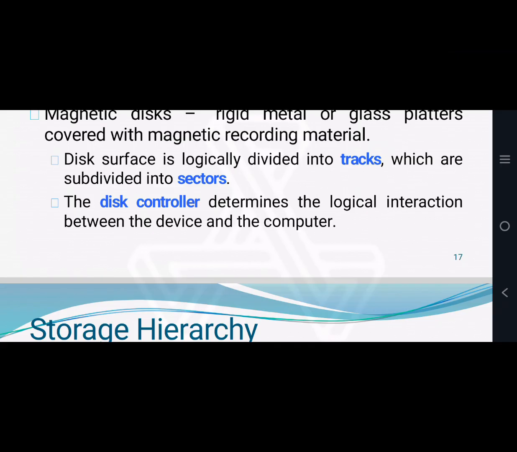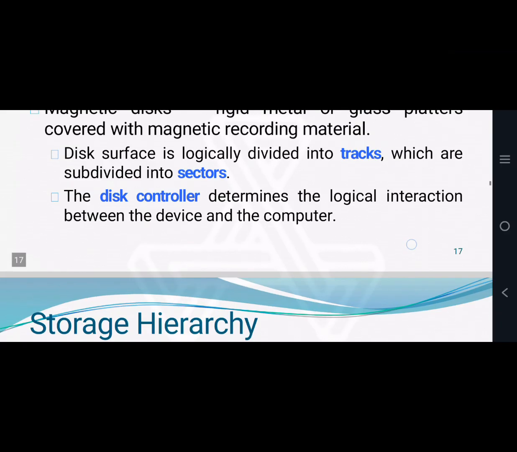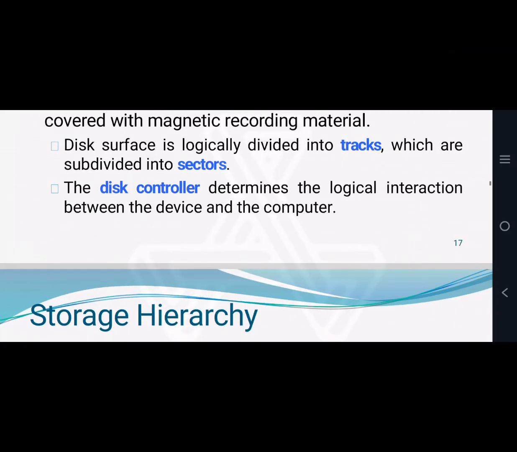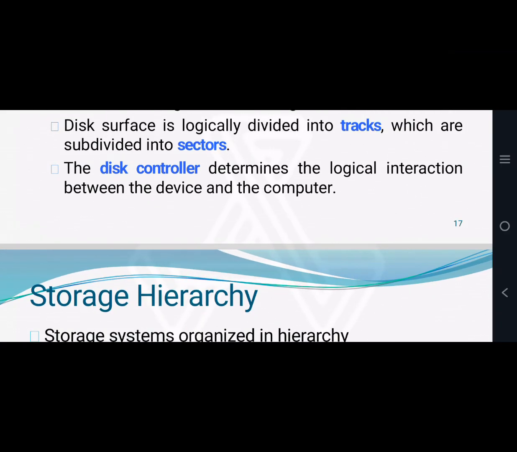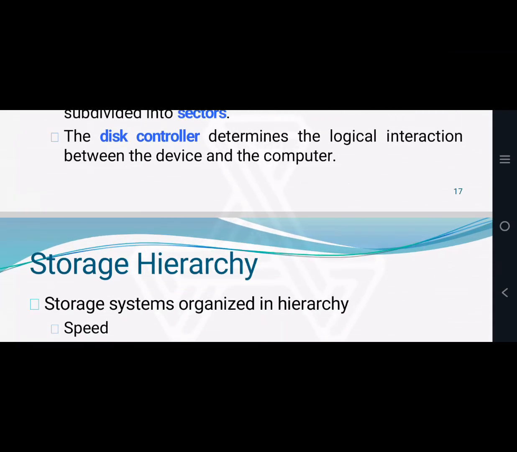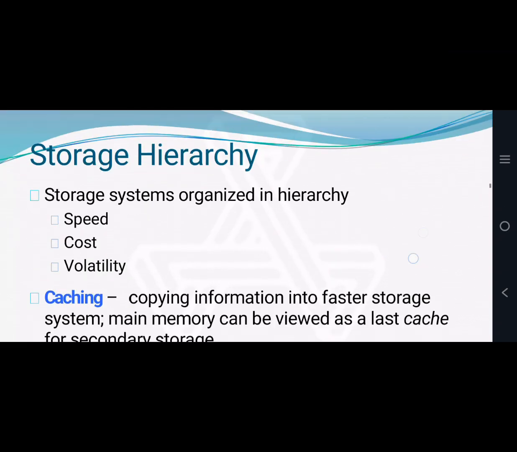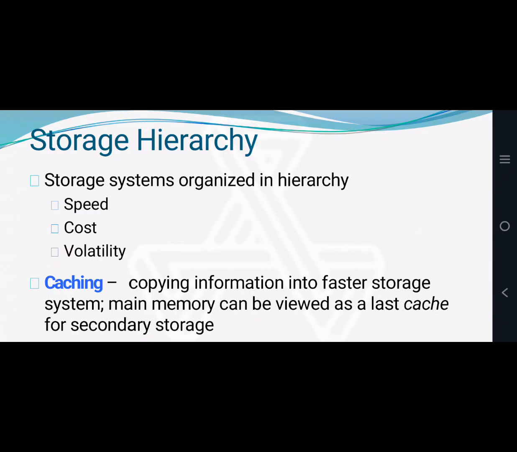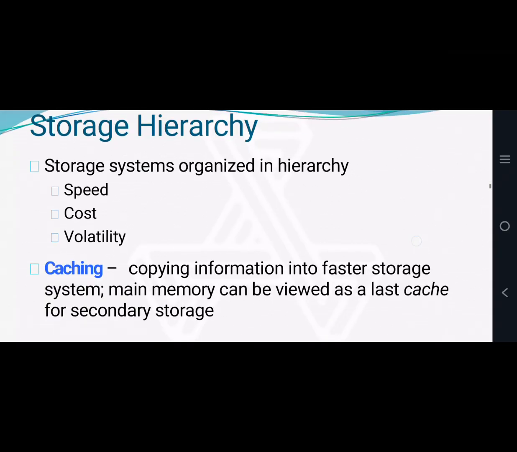A disk surface is logically divided into tracks, which are subdivided into sectors. The disk controller determines the logical interaction between the device and the computer. Storage hierarchy: the storage system is organized in a hierarchy by speed, cost, and volatility.